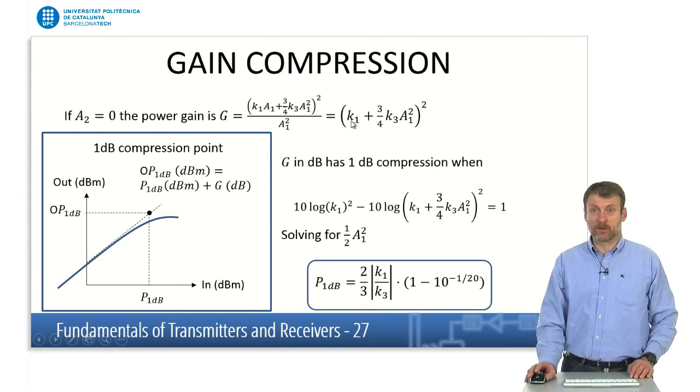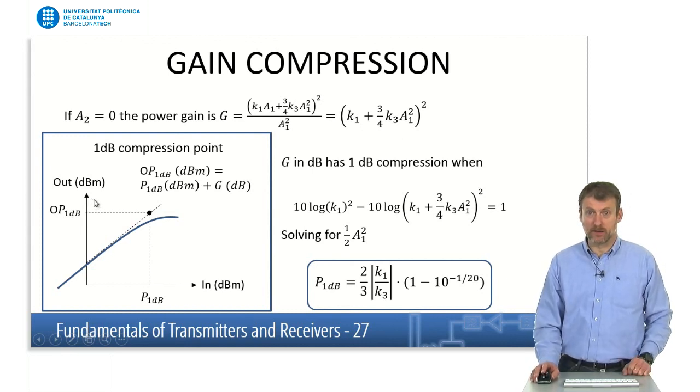Now, recall that when we described the nonlinearities, K1 was positive and K3 is negative. That means that if we increase A1 enough, this power gain will diminish, right? And this is observed in receivers.